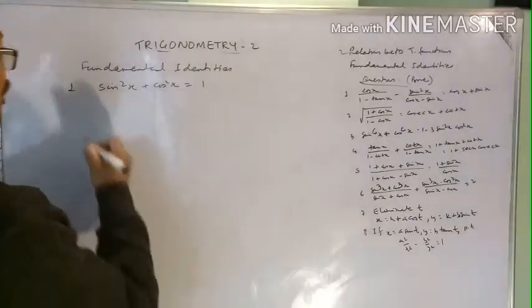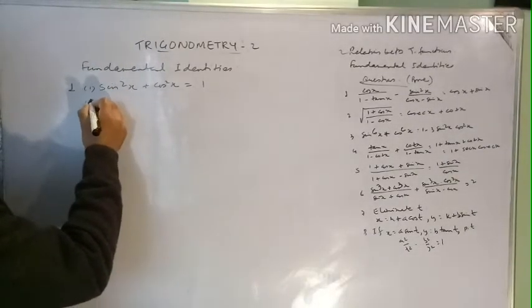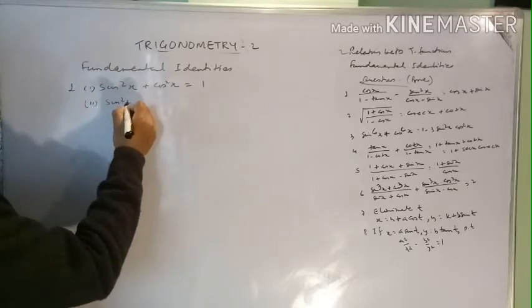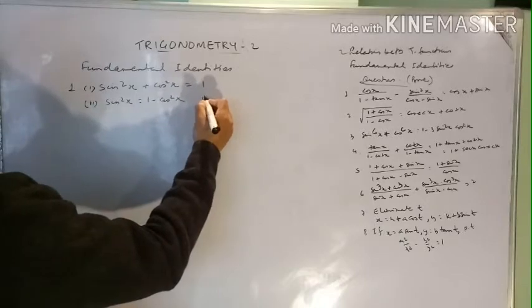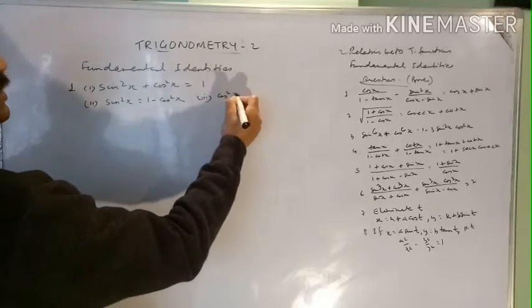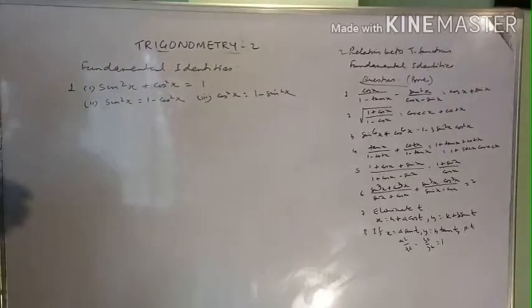Okay, so from here we can derive some more identities. Sin square x equal to 1 minus cos square x, and cos square x equal to 1 minus sin square x.